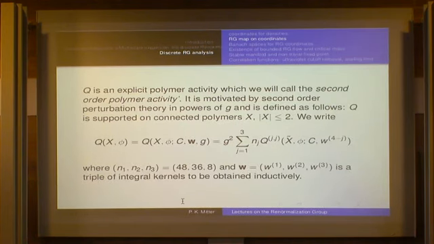So what is Q? We call it the second order activity. It is automatically generated in second order perturbation theory. You can write it as the sum of three contributions. The W is the non-local term I mentioned, W1, W2, W3.